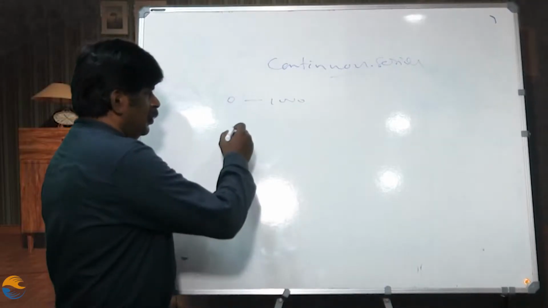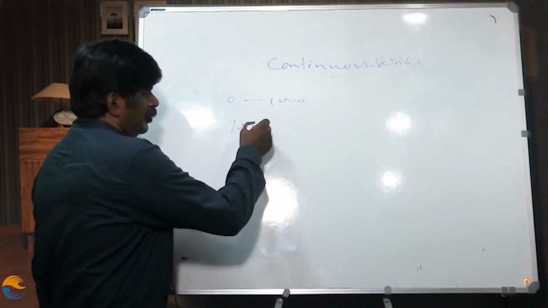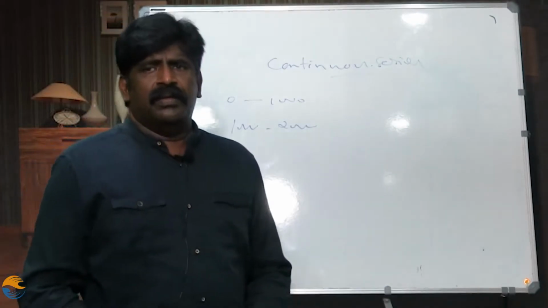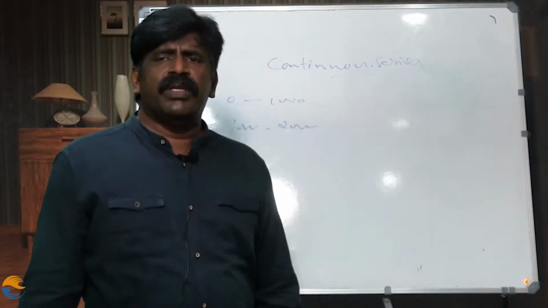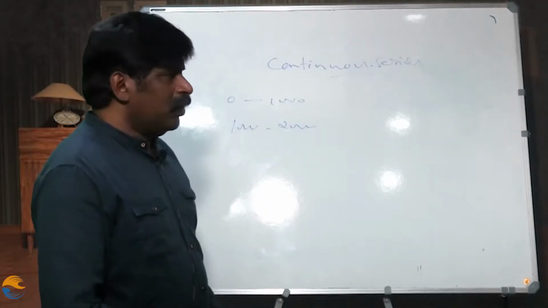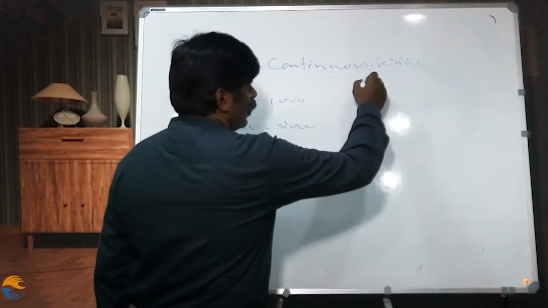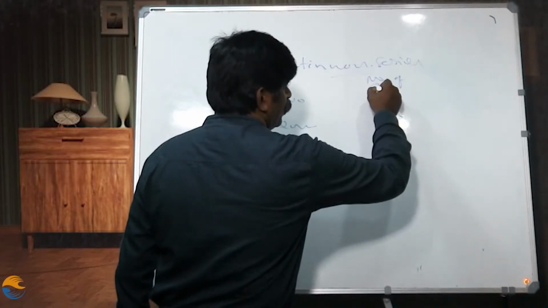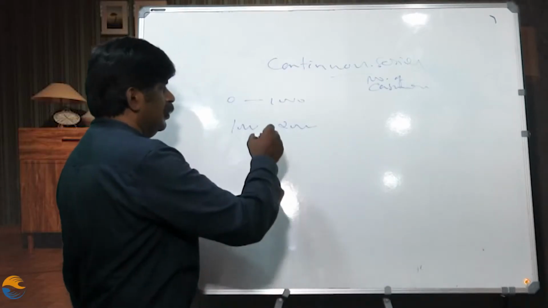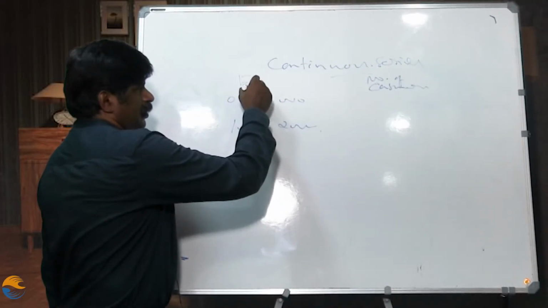If 1000 to 2000 is the next category, we will collect information from those who are in between 1000 and 2000. So actually, the number of consumers is here, and expenditure is here.